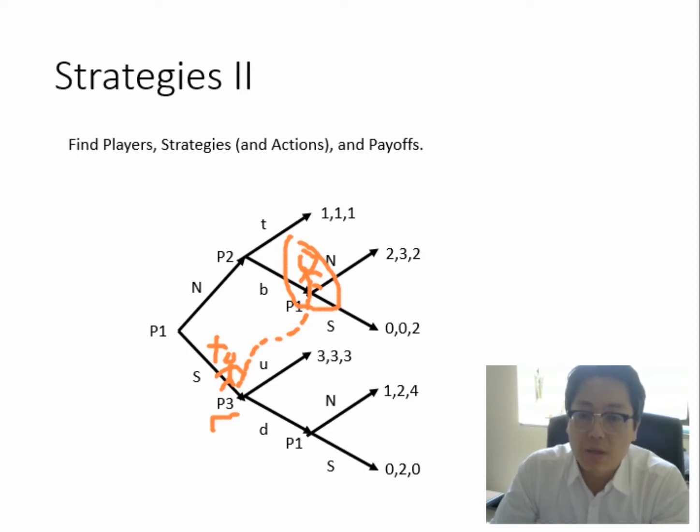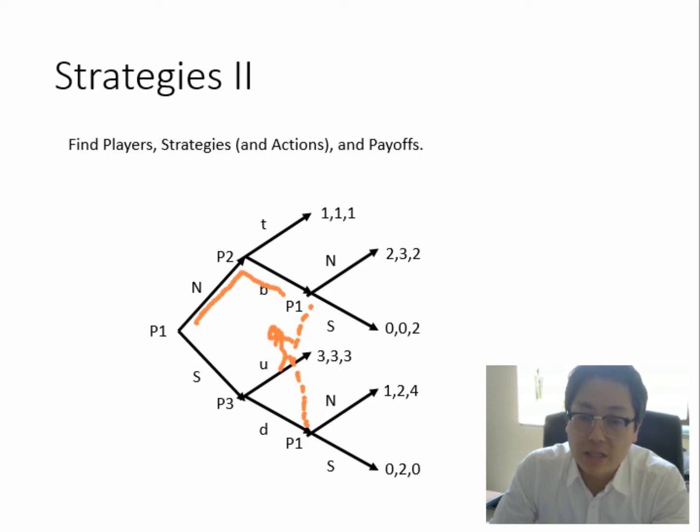If I want to draw a dotted line like this to argue that I don't know where I am, it means I don't know whether the game is played following this path or this path.